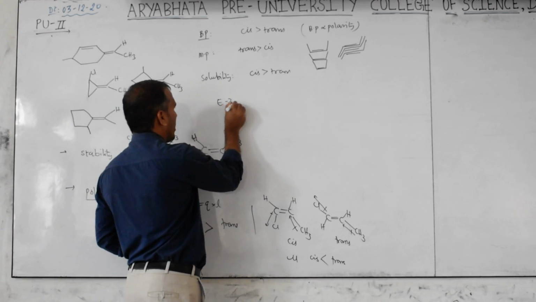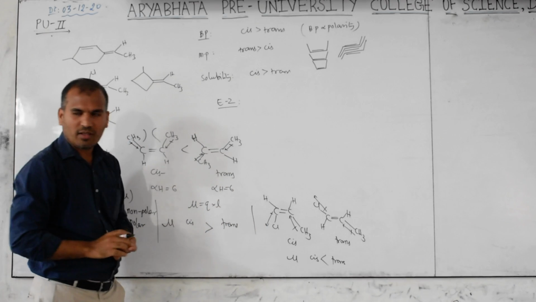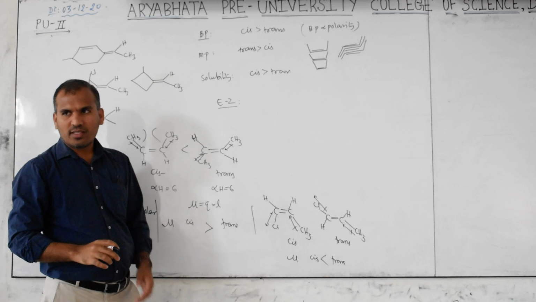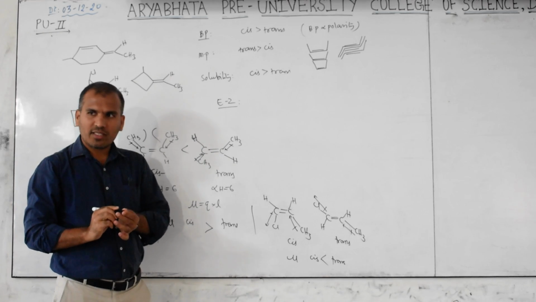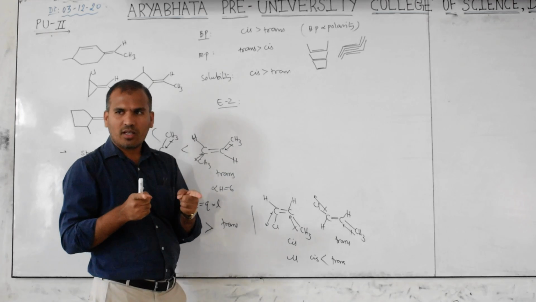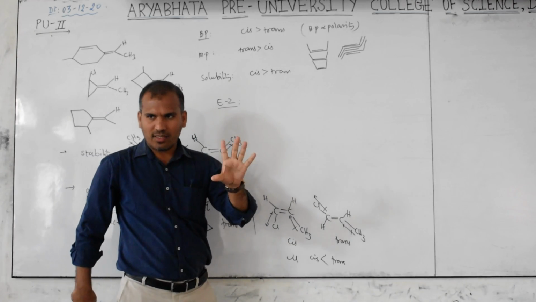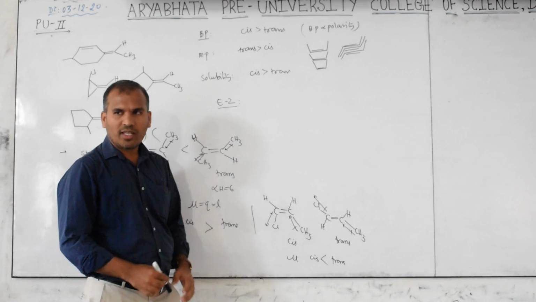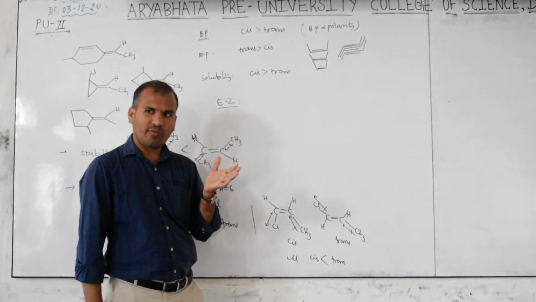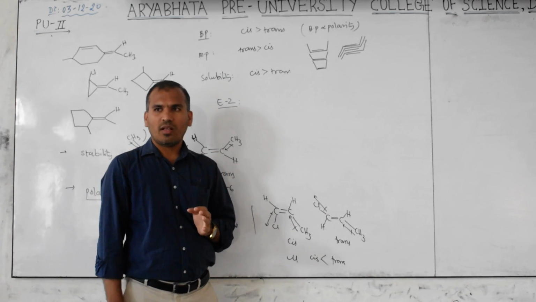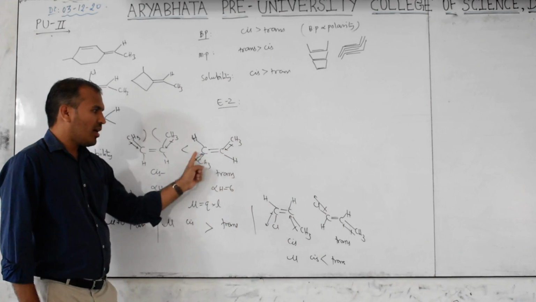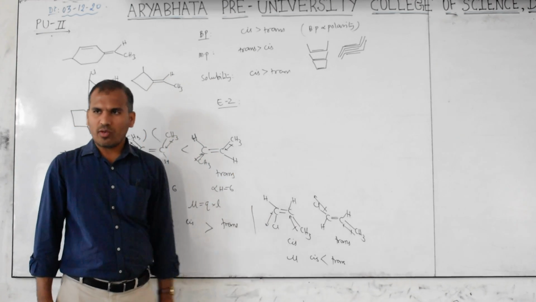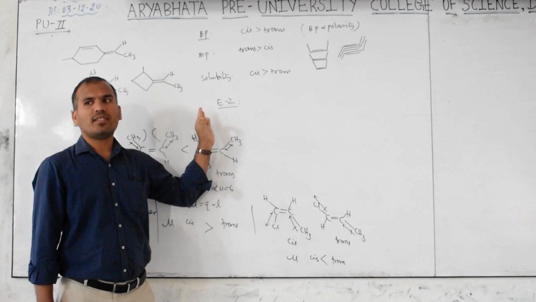EZ nomenclature. Already discussed in the earlier chapter, but once again just revising that concept. Cis and trans: when similar groups are on the same side, it is cis; similar groups in the opposite direction, that is trans. When we have to use the EZ nomenclature, only then can I give the simplest form. When at this double bonded carbon, one hydrogen only is present or no hydrogen is present, that time we have to use the EZ nomenclature.